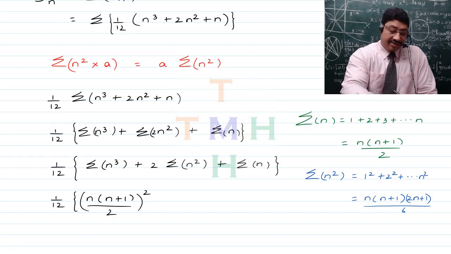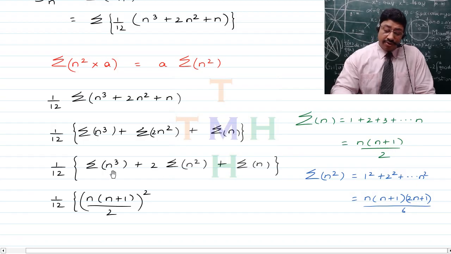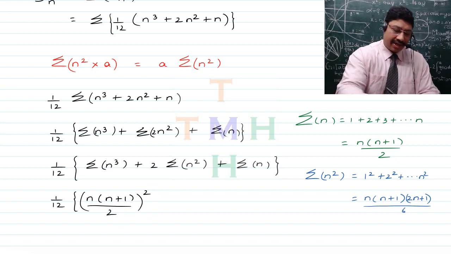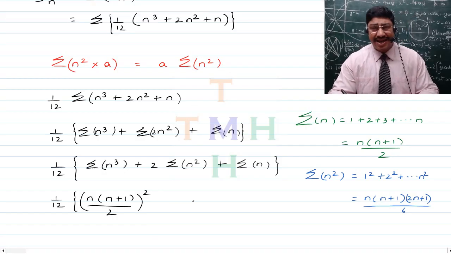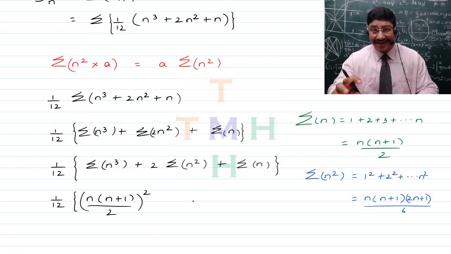Sigma n's value was n times n plus 1 upon 2, and when we talk about sigma n cube, it's actually n times n plus 1 upon 2 whole square. Thus it can be written like sigma n whole square. Okay, so this is an expression which in times to come probably can be asked in any competitive examination as an objective question, or probably some other question can be laced in this concept.